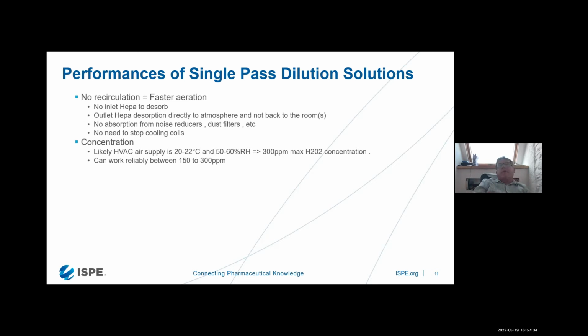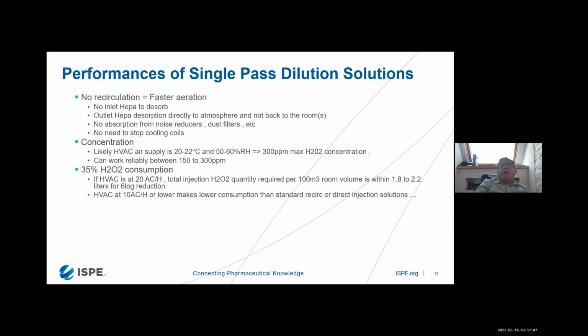Depending on the airflow, etc., it works normally between 150 to 200 ppm. I think the max for 22 is 350 ppm possible, and 350 ppm requires something like 1 hour plus of decontamination time for 6 hours.